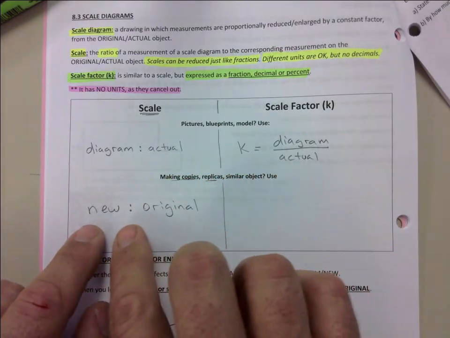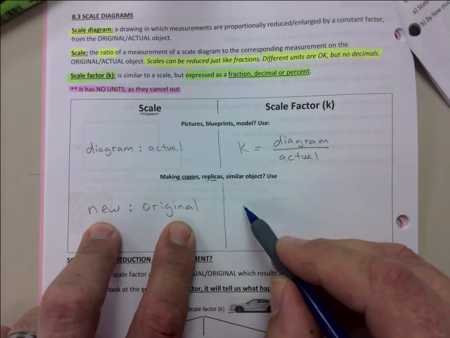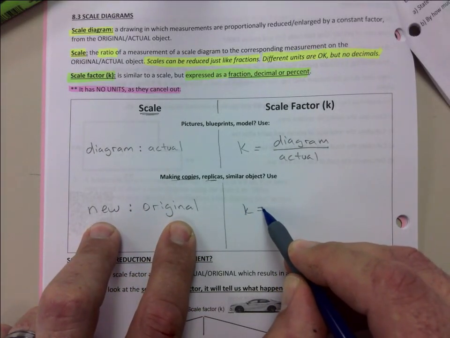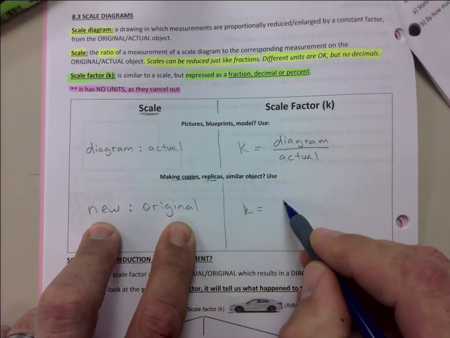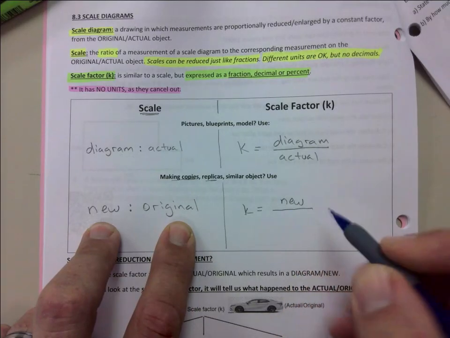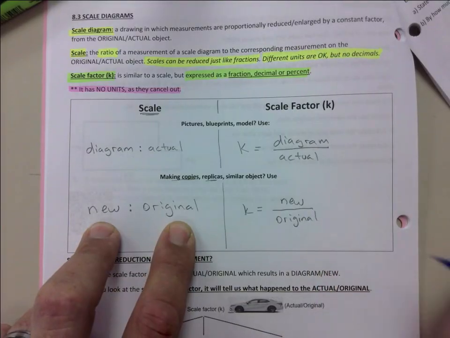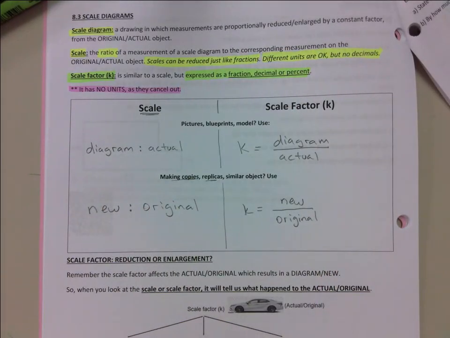I just inserted new and original because sometimes it makes it easier to wrap your head around it. So K, if you turn this scale into a scale factor, you'd have the measurement of the new object up top and the original goes at the bottom. So this would definitely be a study sheet entry in my opinion. Just make sure it's nice and small, like don't use this much space, okay?